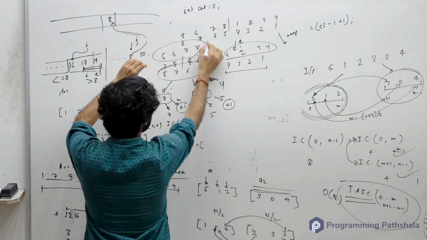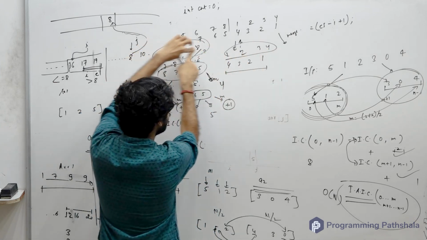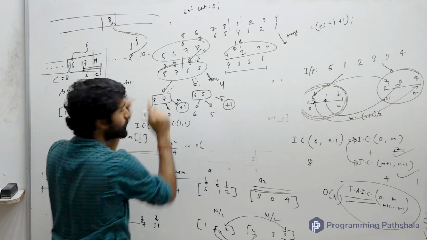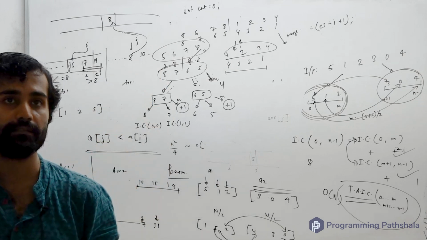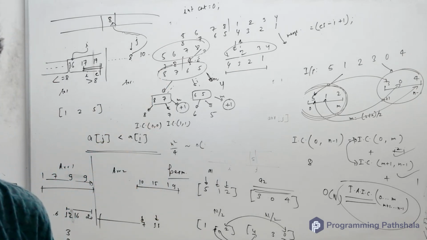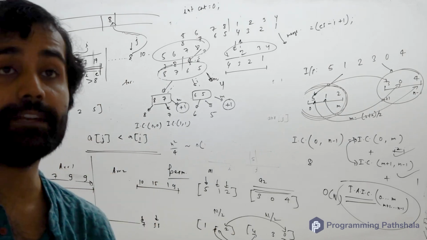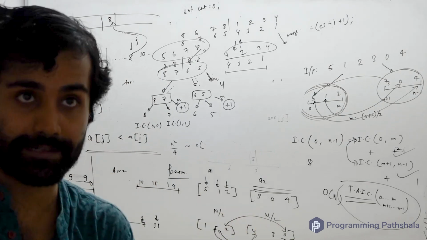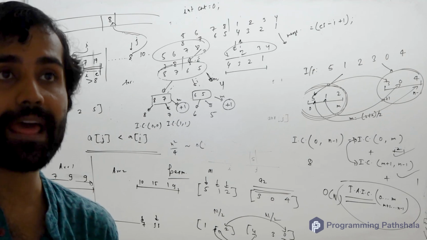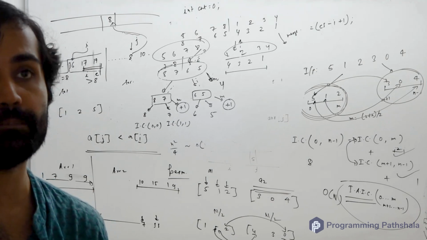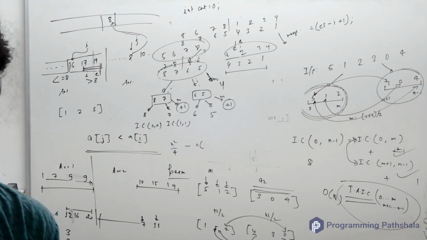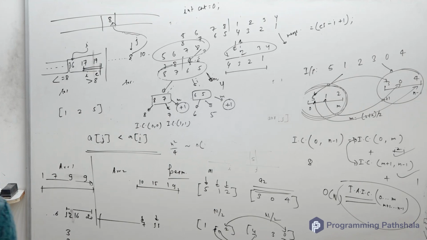But an important thing is that it would never happen that an element from here comes here or an element from here comes to here. Do you remember this point? I had spoken this, right? That is the reason why inter-array inversion count is being calculated correctly. If such kind of jumbling would have happened, then it would have been problematic. So cool, now you can utilize this concept and get your job done.